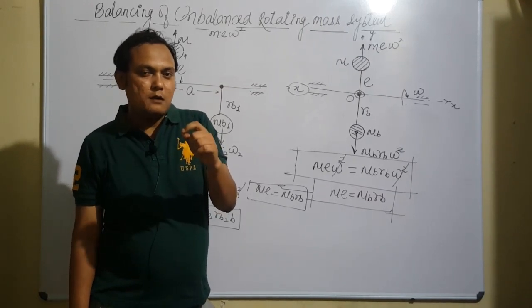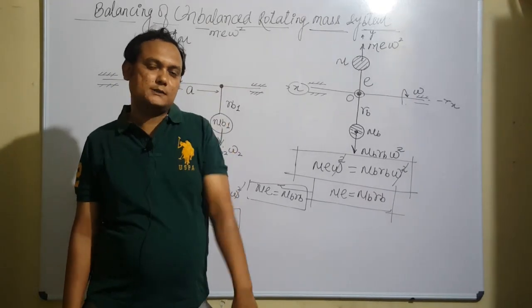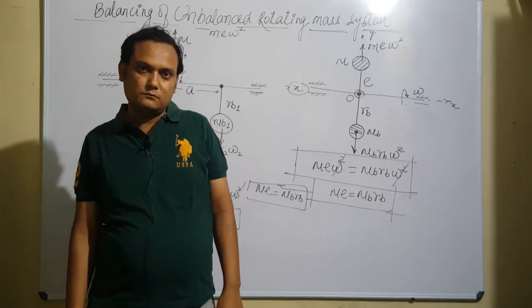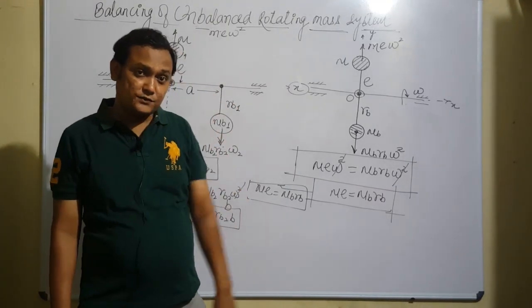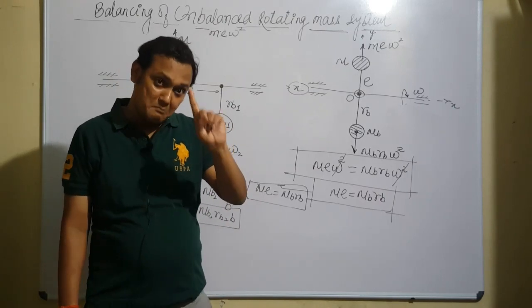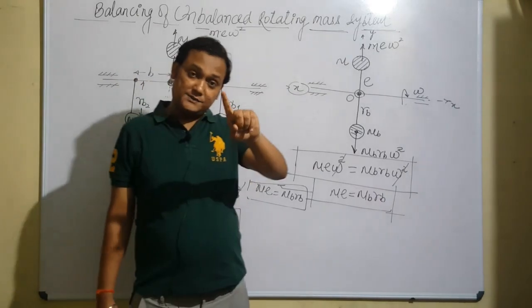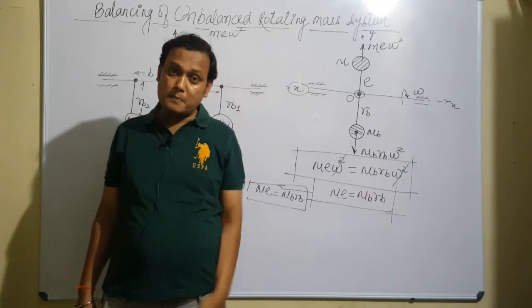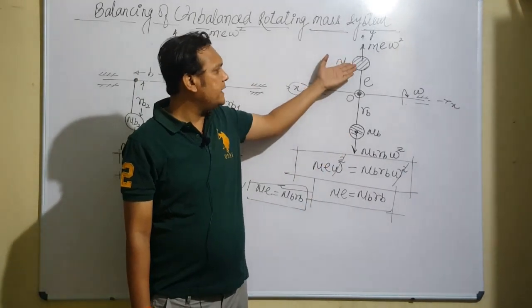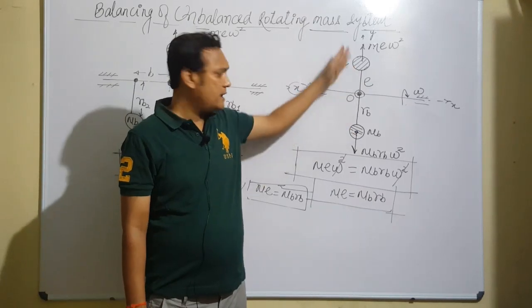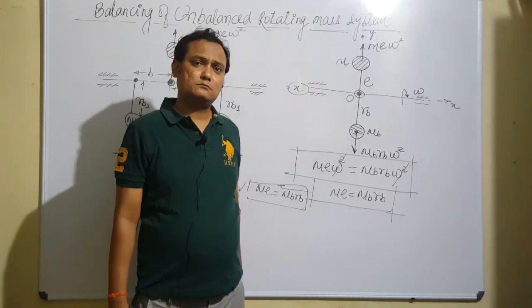A single unbalanced point mass system with eccentricity E, you can balance by method number one, completely balanced statically as well as dynamically, if you attach a balancing mass 180 degrees opposite to the unbalanced mass in the same plane.